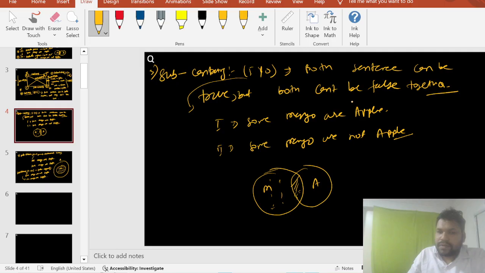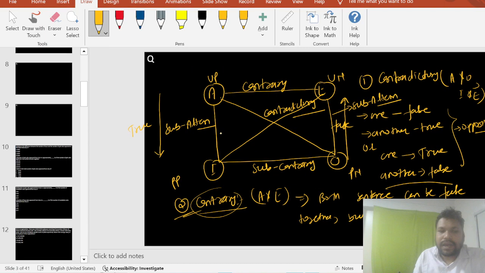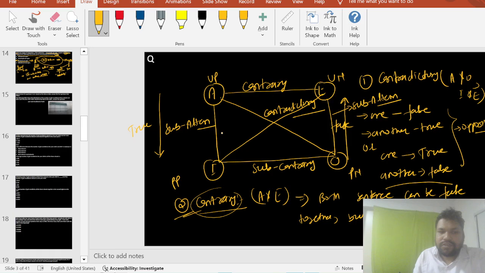Contrary means A and E relation. So you just find out: A is a universal positive and E is your universal negative. So search for the two sentences that should be universal positive and universal negative.